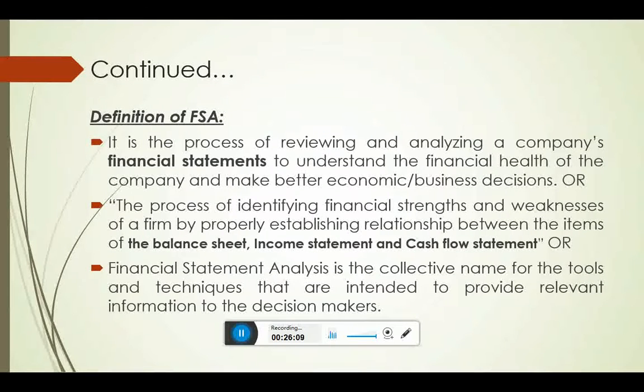The third definition is that financial statement analysis is the collective name for the tools and techniques that are intended to provide relevant information to the decision makers. This definition is also very good. It says financial statement analysis is not one technique.